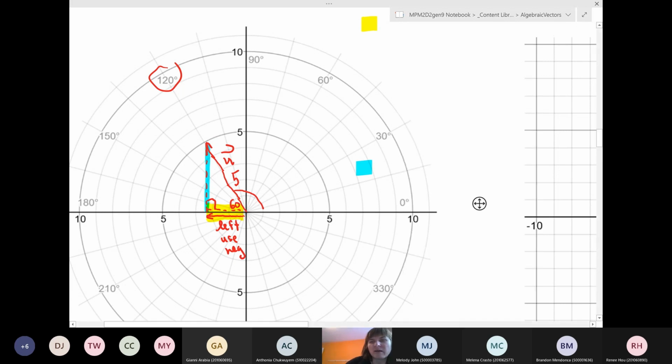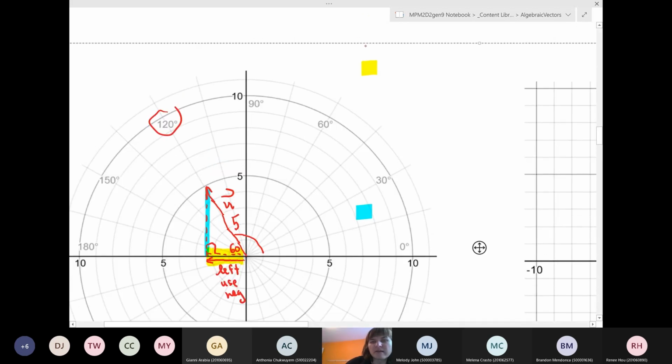So let me write down above this, I'm using CAH, meaning cosine of 60 is equal to adjacent, which is the yellow thing, except I'm going to have a negative on it, over the hypotenuse. So this is adjacent over hypotenuse.